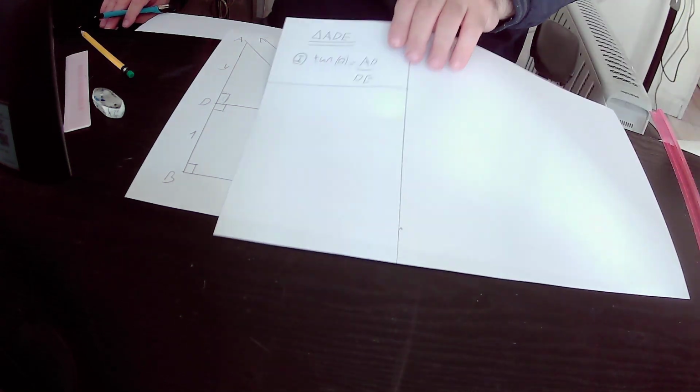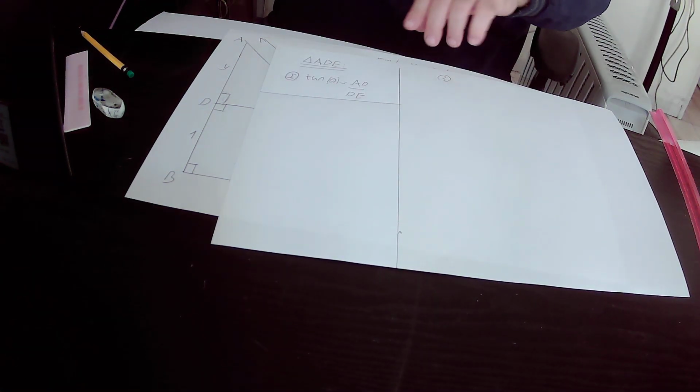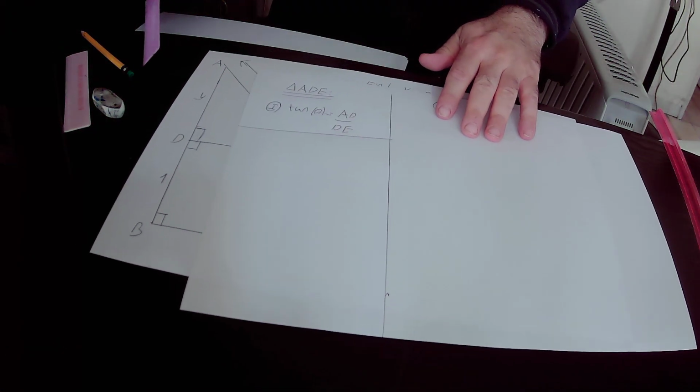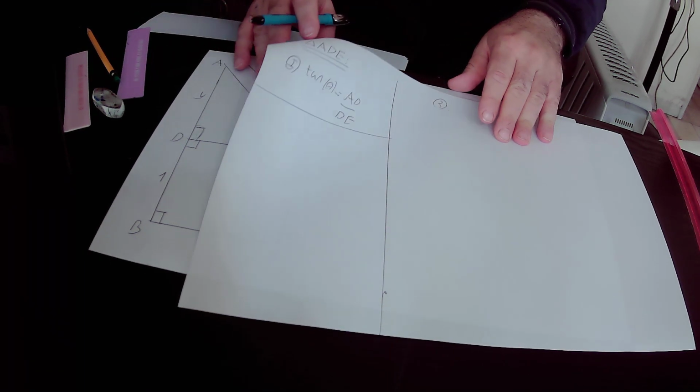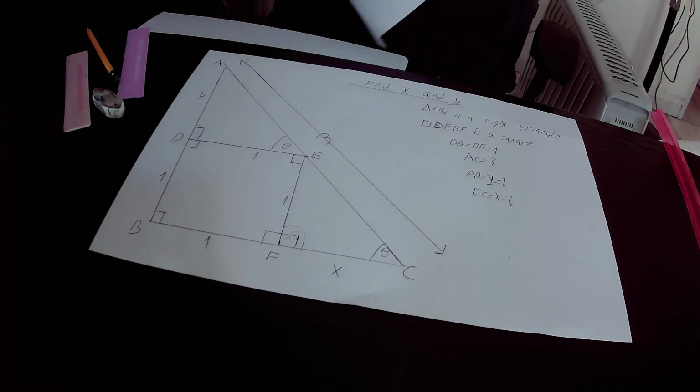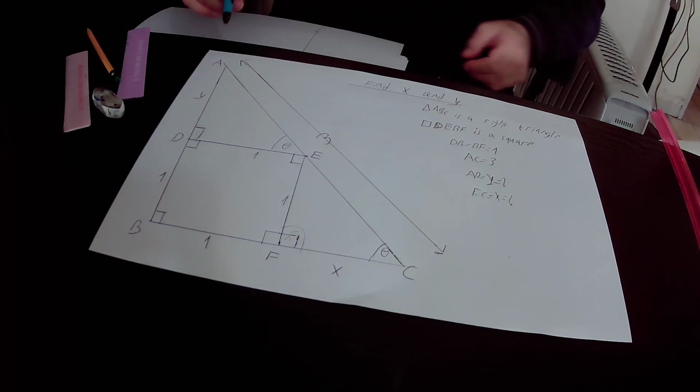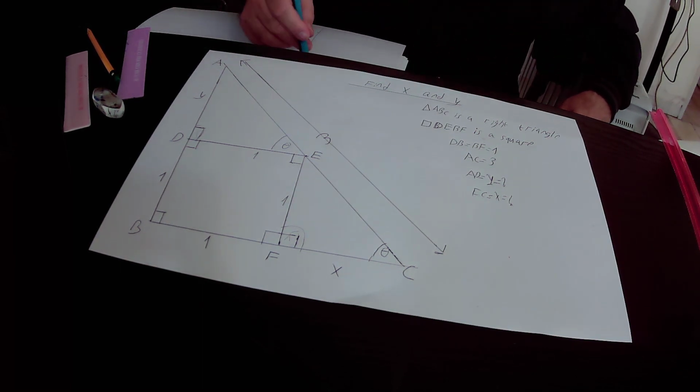I will repeat again. In the right triangle, triangle ADE, tangent theta equals AD over DE. But AD equals y, it is given to us in the question. And DE equals 1 because it is one side of square DEBF.